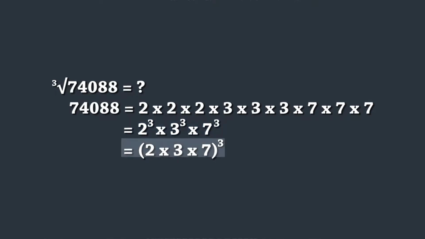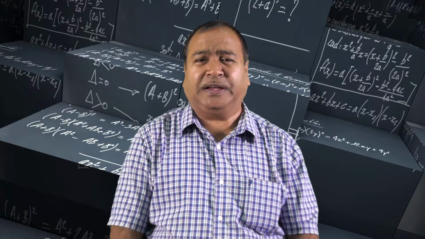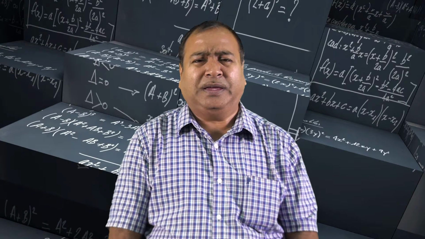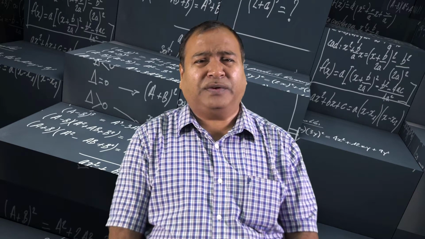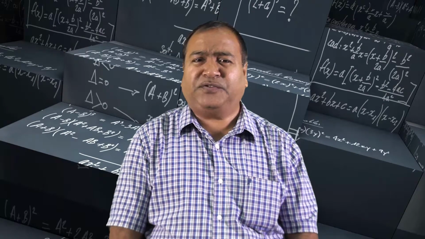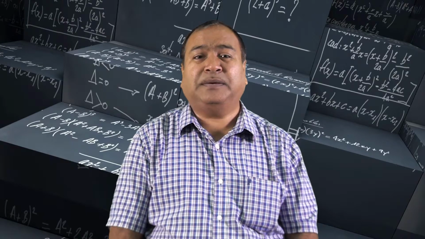That is equal to 2 into 3 into 7 whole cube. Therefore, 74,088 can be written as 2 into 3 into 7 whole cube. Therefore, cube root of 74,088 is equal to 42. Here we note that if in the prime factorization of any number, each factor appears 3 times, then the number is a perfect cube.